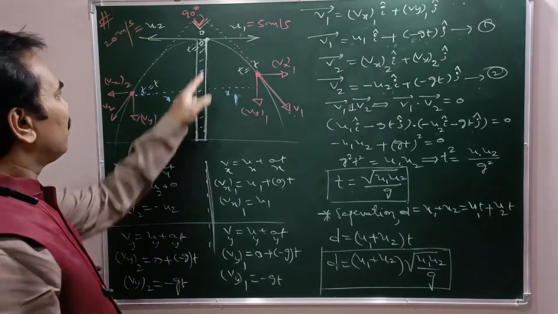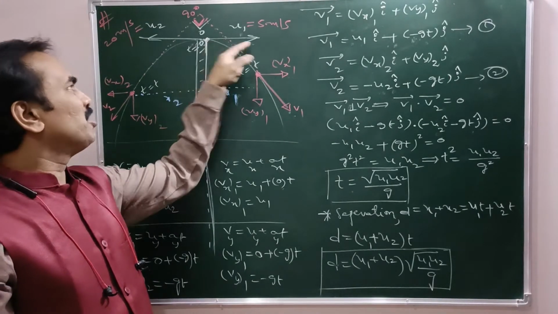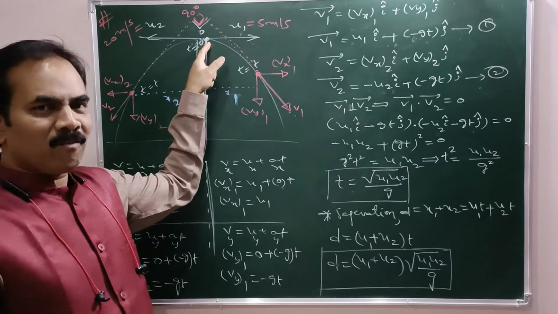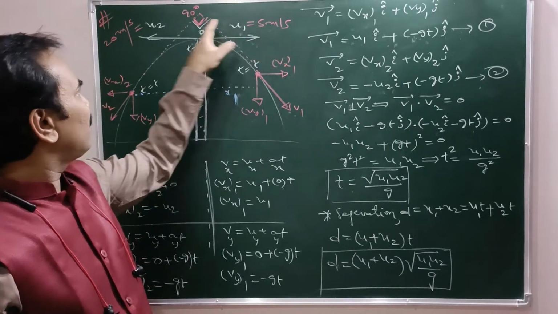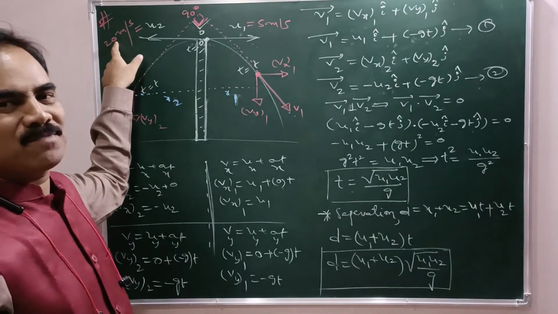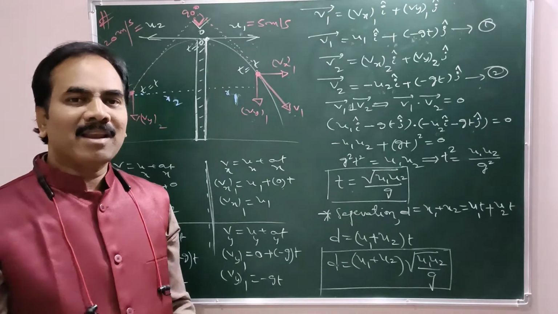Two bodies are projected horizontally opposite to each other from the top of a vertical tower with speeds 5 meters per second and 20 meters per second respectively. Now find the time after which they move perpendicular to each other.